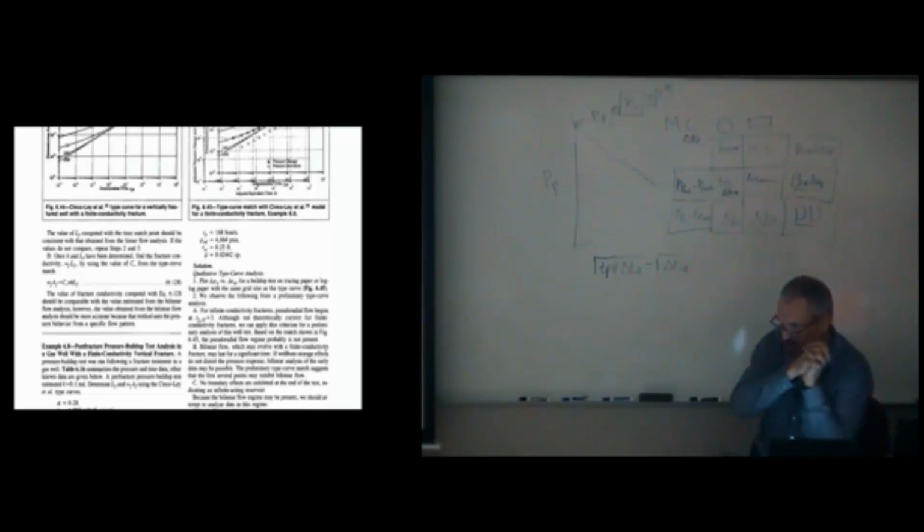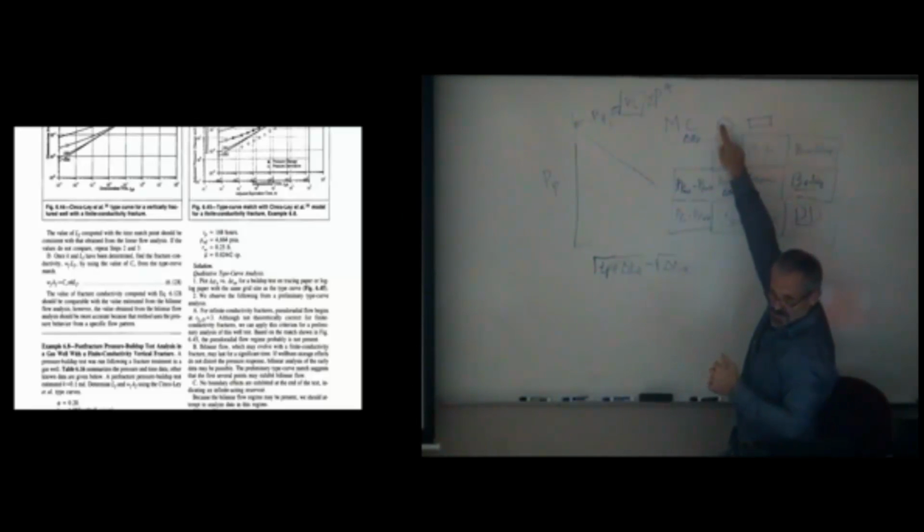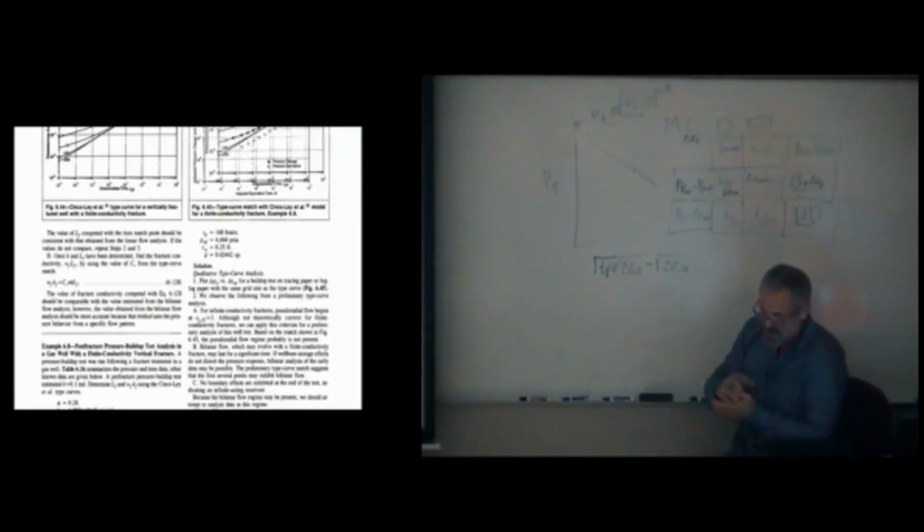Because we're really just doing the same thing that we did over the last section, only we're moving from radial flow to linear flow. But all these things about superposition for build-up versus drawdown, those concepts are the same in linear flow as they were in radial flow. Okay?